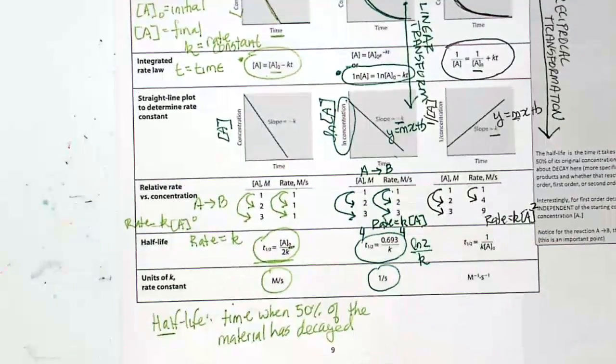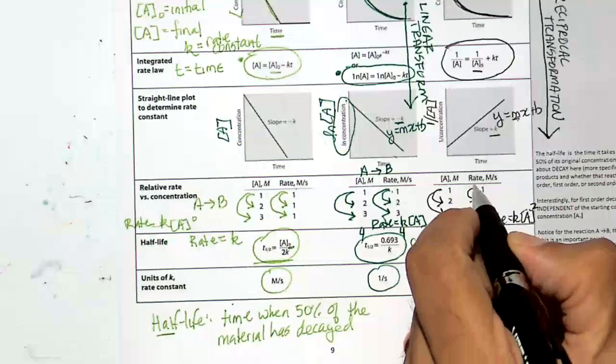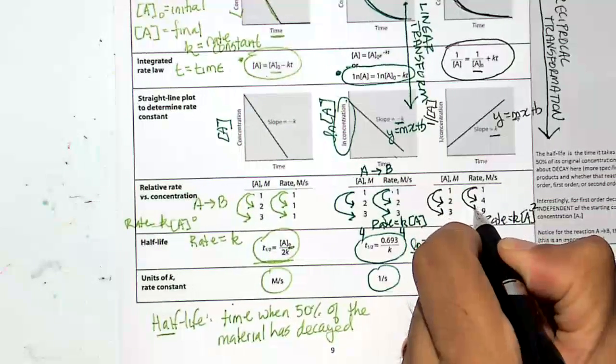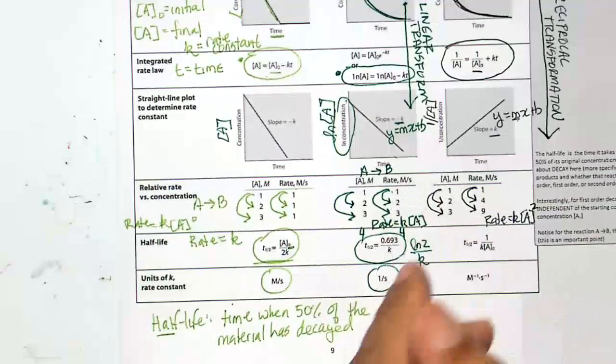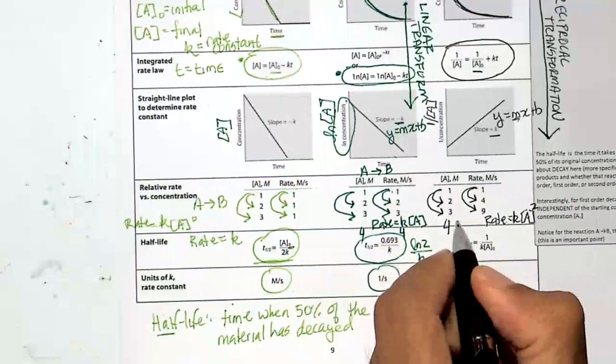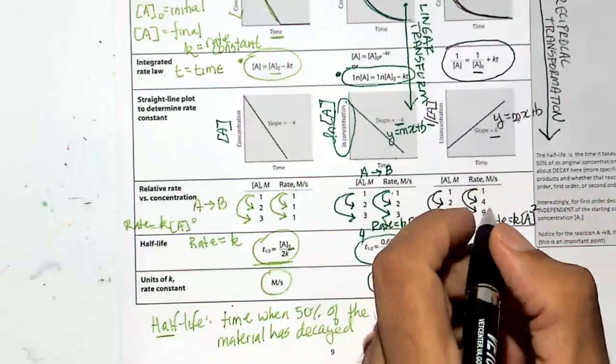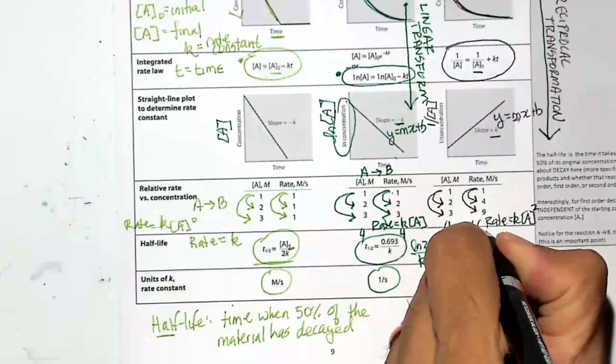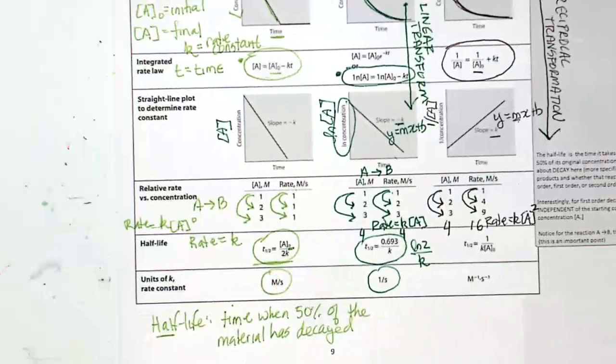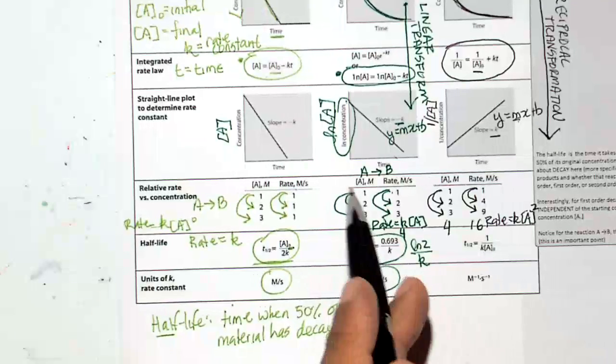If you triple the initial concentration of the reactant, how fast will the reaction go? It goes squared, which would be 9. If you quadruple the reactant concentration, how fast will the reaction go? 4 squared is 16. Very good. So that's what happens if that reactant is going to decay with order 2.